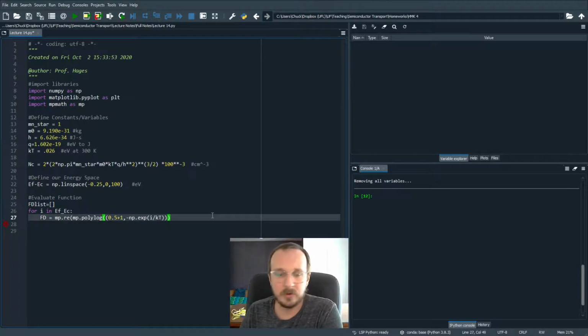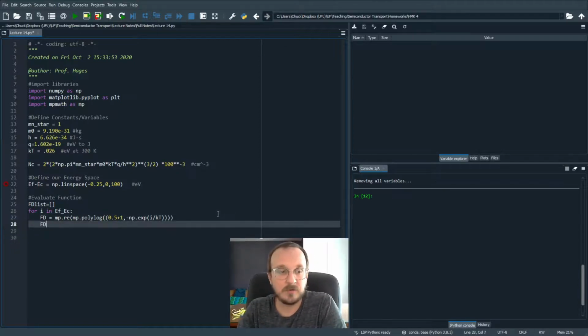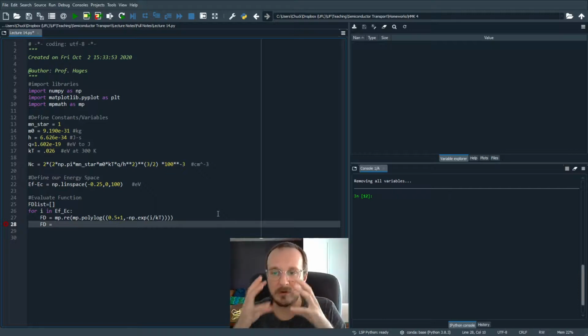Then we will take our Fermi-Dirac value, and we need to convert this to a NumPy array rather than some wrapper for mpmath. The Fermi-Dirac we just said is defined as minus the effective density of states times this polylog.